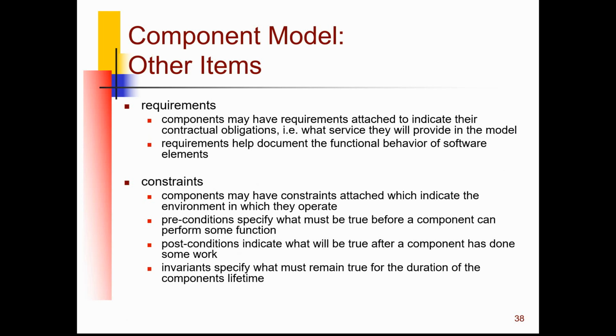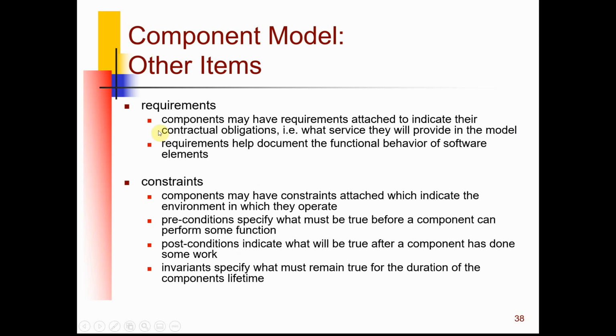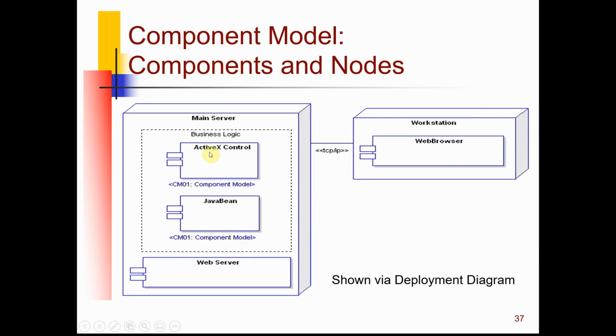So the component model can also contain other information, such as the requirement, and can also come with a constraint. But from the surface, you cannot tell that this component is associated with a certain requirement or has a certain constraint. But when you double click on this component, there's an interface for you to enter detailed information.